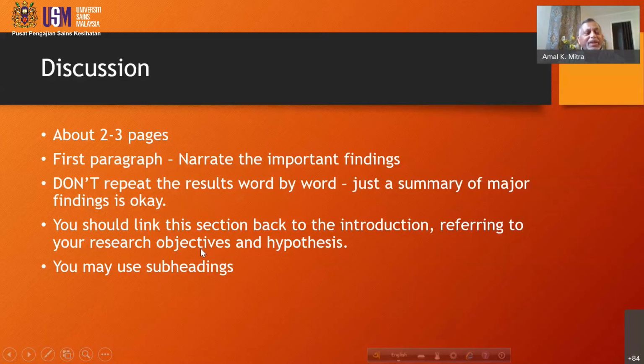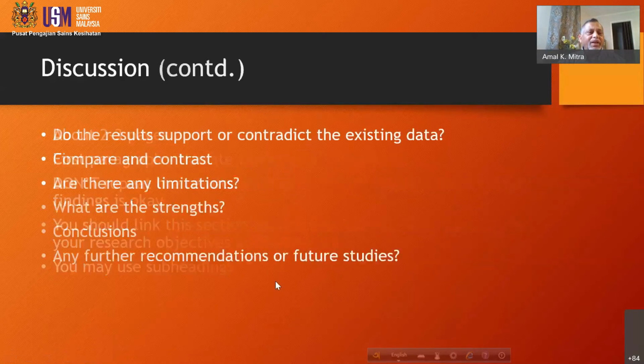Okay, here also you may use subheadings. In the discussion you should mention, do the results support or contradict the existing data? Mention why if you can. Compare and contrast.